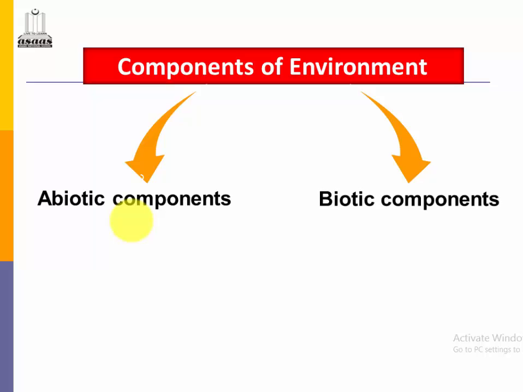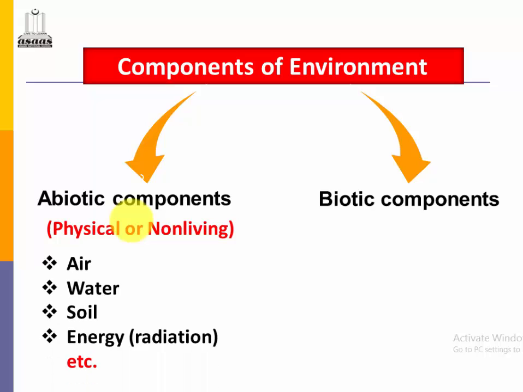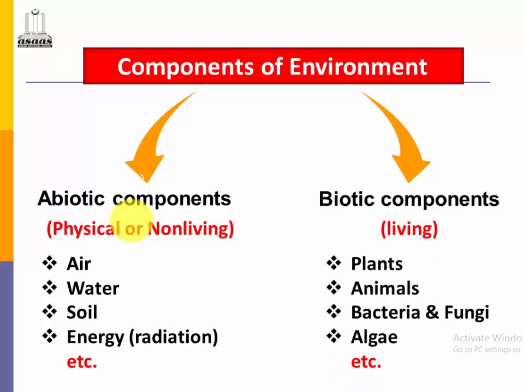Abiotic components comprise physical or non-living components such as air, water, soil, energy, radiations, and other components like pressure, temperature, etc. And biotic components comprise plants, animals, bacteria, fungi, and algae. As the name indicates, bio means life. All the living organisms are biotic components of the environment.